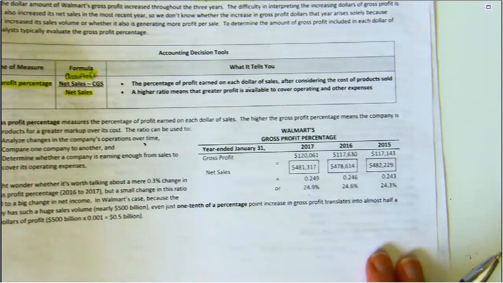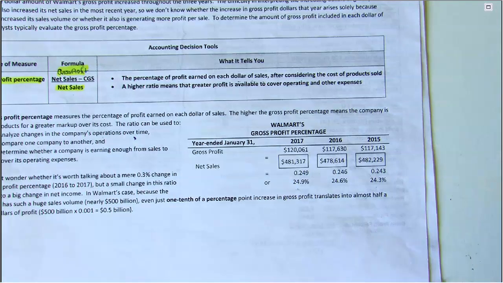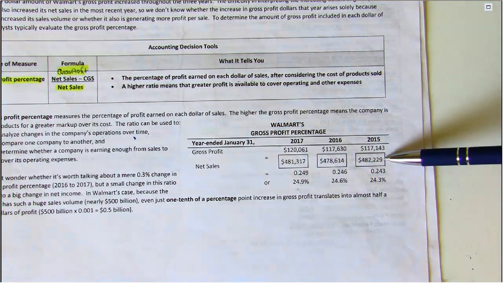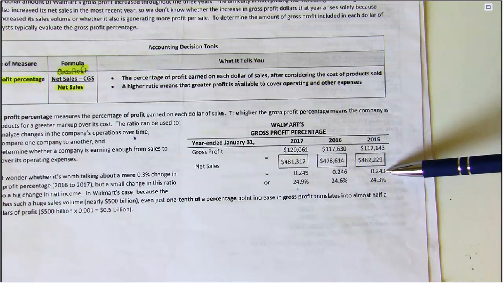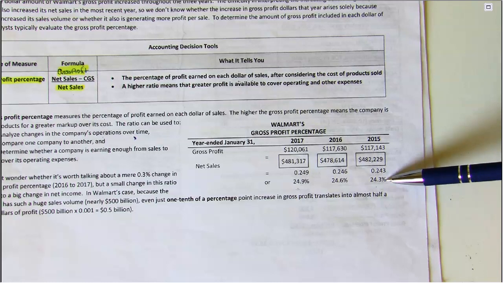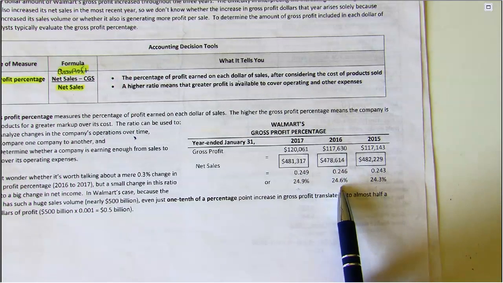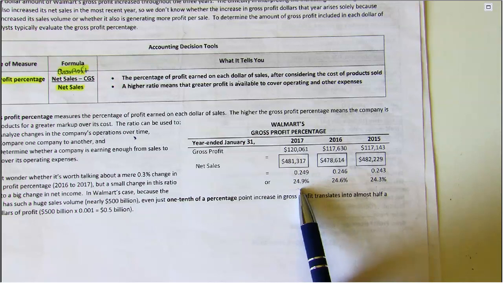So if we take Walmart's gross profit dollars and divide by net sales dollars, our result is 0.243. If we multiply that by 100, we get 24.3% in 2015, 24.6% in 2016, and then 24.9% in 2017.